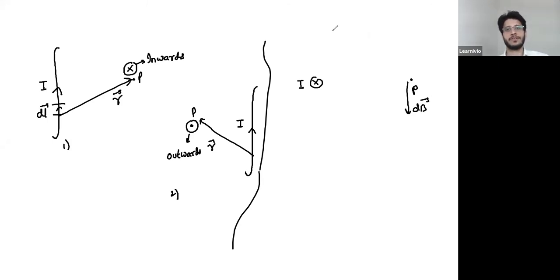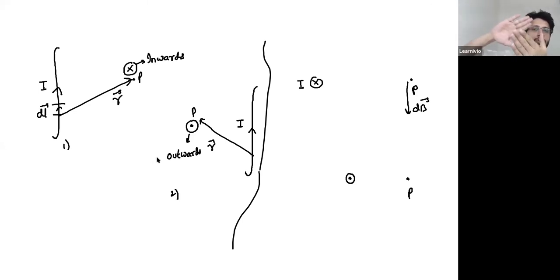So, last one. Current is outwards. It's going out of the plane of your copy. I need the magnetic field at P. What's the direction? Of course, you don't have to worry about your thumb.